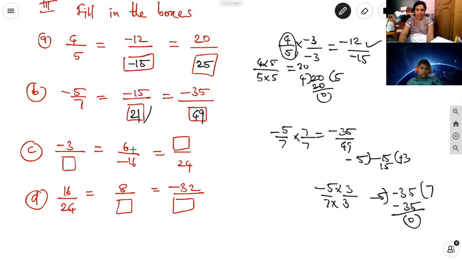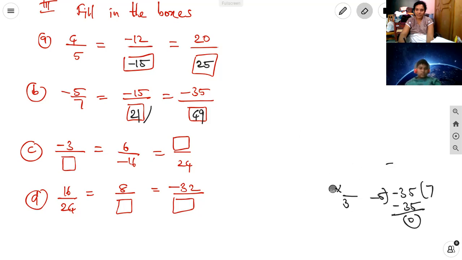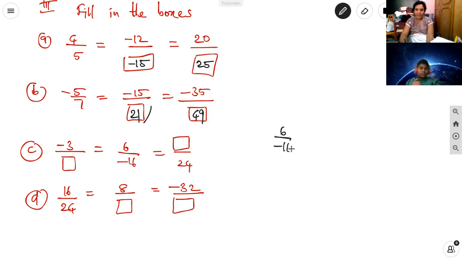Next, 6 by 16, 6 upon minus 16. 6 and 16 both are even numbers. If both are even numbers, clearly we know that 2 is a common factor. 6 and minus 16 divide by 2.